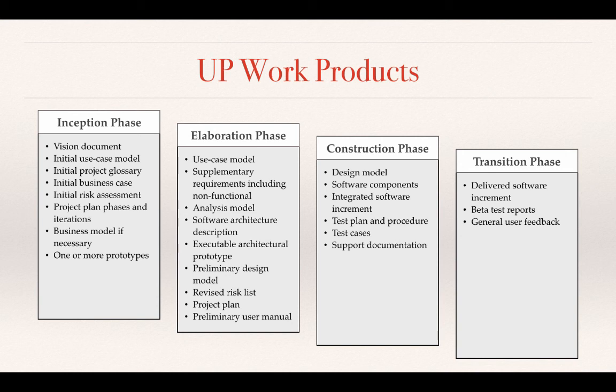In fact, the elaboration phase is typically the phase in which you gather the vast majority of your requirements. And therefore, it's also the phase in which you create most of your prototypes, since prototypes are meant to nail down your requirements. The construction phase is where you do most of your coding and testing. And the transition phase is where you prepare your software for release.